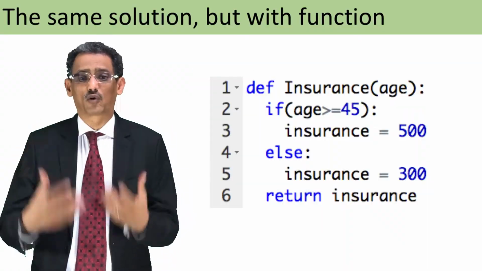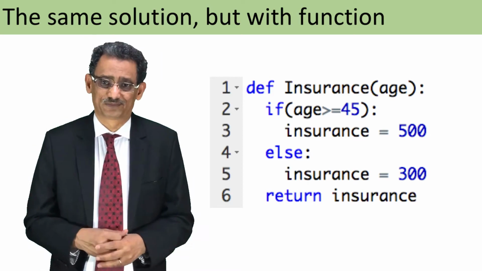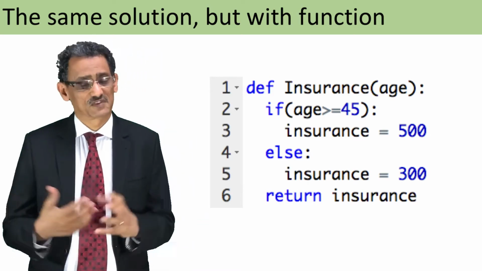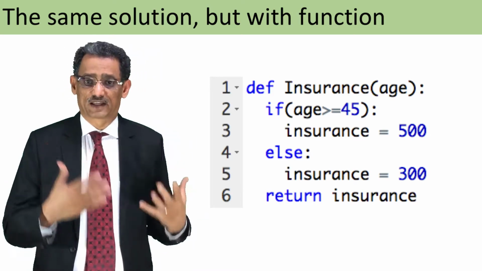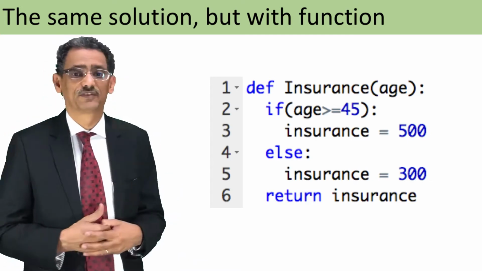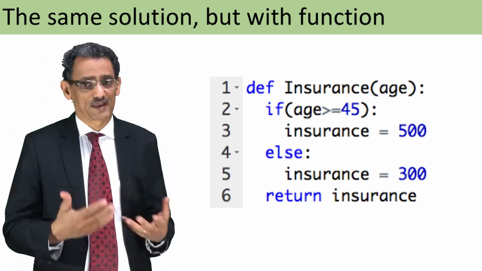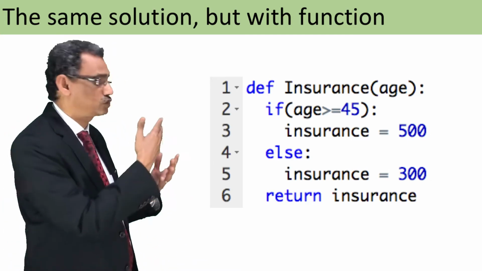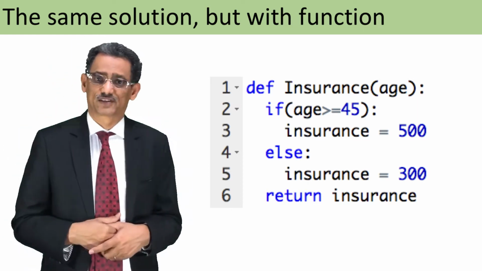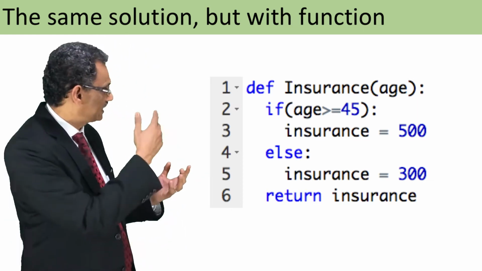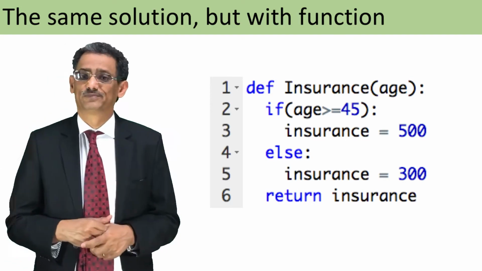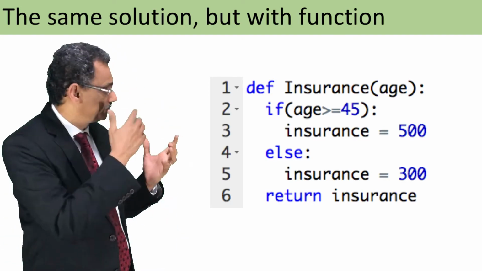Now let's convert that condition to a function, so we can call it anytime we want. So, simple thing, we will create a function using def, def space, and then we'll call the function insurance with I uppercase. And that function takes a variable called age, then colon.